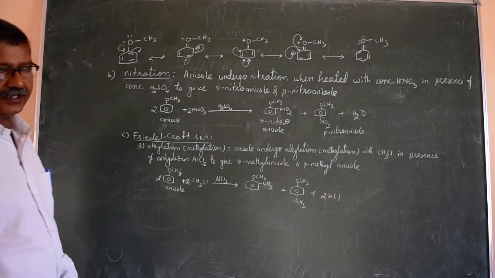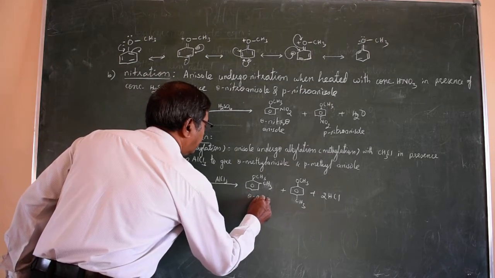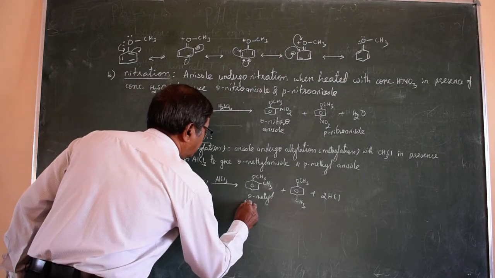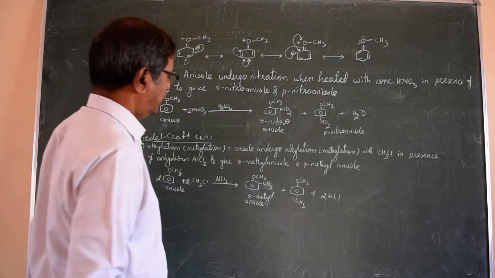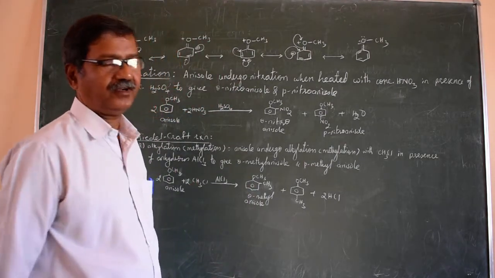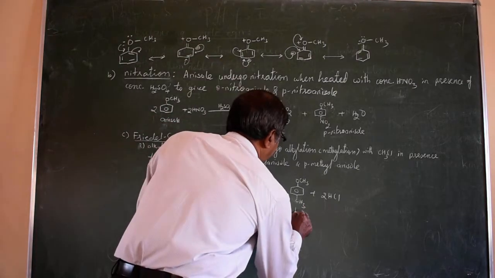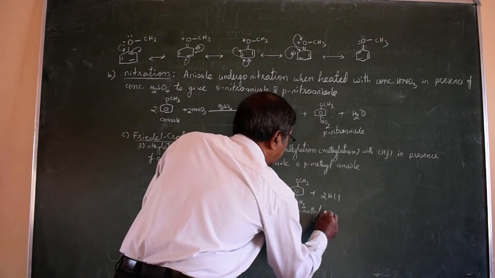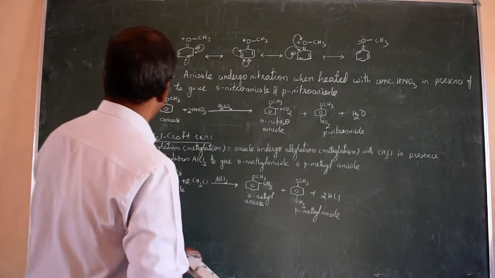So write the correct formula. Ortho-methyl anisole. Instead of methyl, the question may be ethyl also. Then you have to write ethyl in the product, ortho-ethyl anisole, like that. It depends on what type of alkyl halide you are using. Then para-methyl anisole. So this is alkylation.